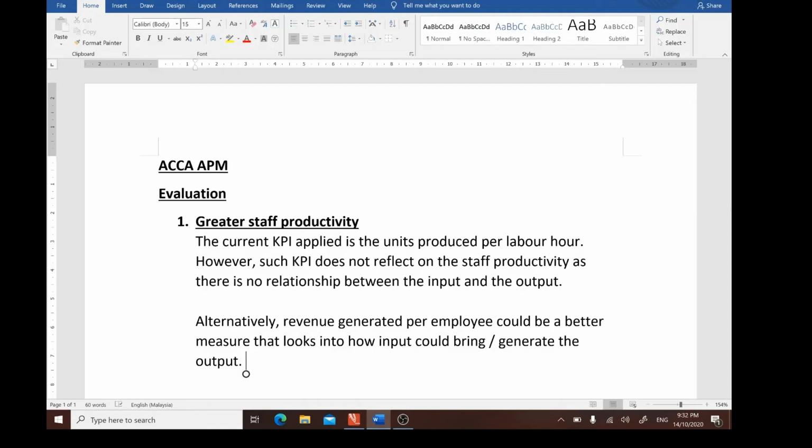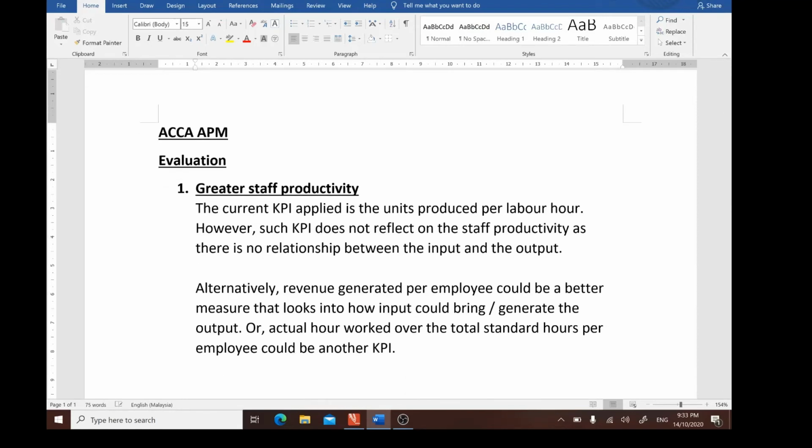Some students even ask, can I go for any other KPI? Yes, of course. When I say other KPI, you can even use actual hours worked over the total standard hours per employee, which could be another KPI.